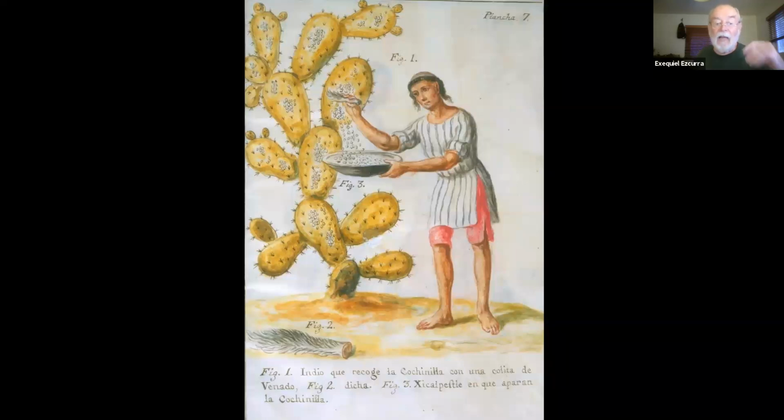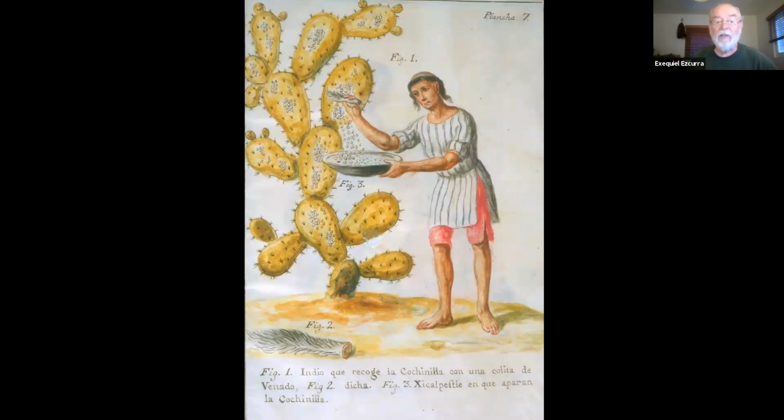So cacti make, as a matter of fact, prickly pear pads, the stems of the prickly pears make an amazing amount of the vegetables consumed in central Mexico nowadays, and also in many other countries. Even in Asia, there's a growing interest for the consumption of cactus green pads. But for many centuries, as a matter of fact, there is an insect known as a cochineal bug.